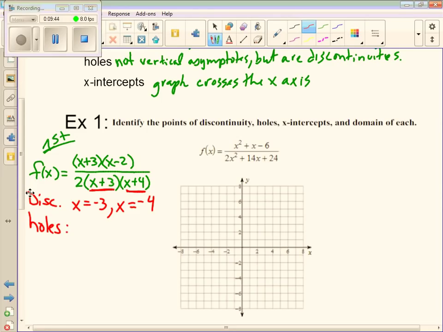So these cancel out, so our hole is at -3. And our domain is all real numbers. The little e means all real numbers. X cannot equal -3 and -4. I'm not even going to worry about graphing it right now.